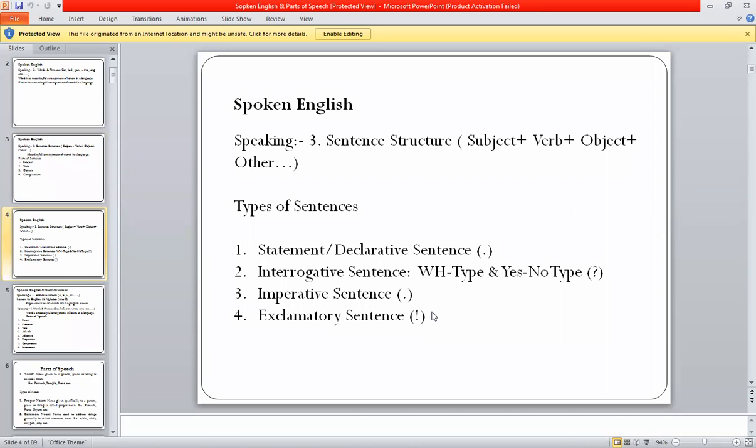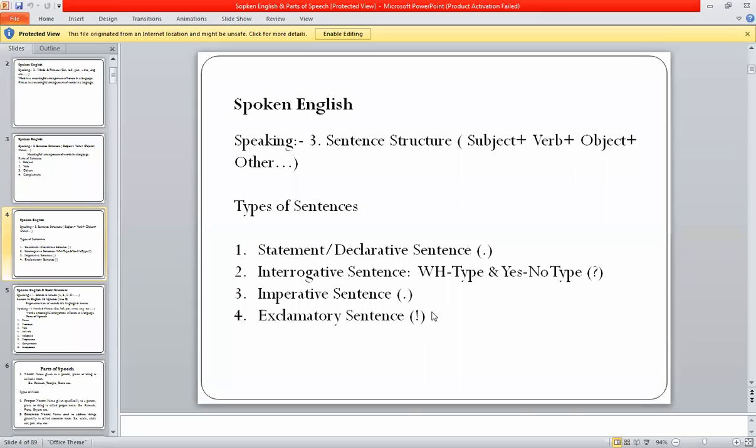What, which, whose, whom, where, when, these are WH words. Then imperative means shut the window, close the door, open the box, switch off the fan, switch on the light. These are imperative sentences.